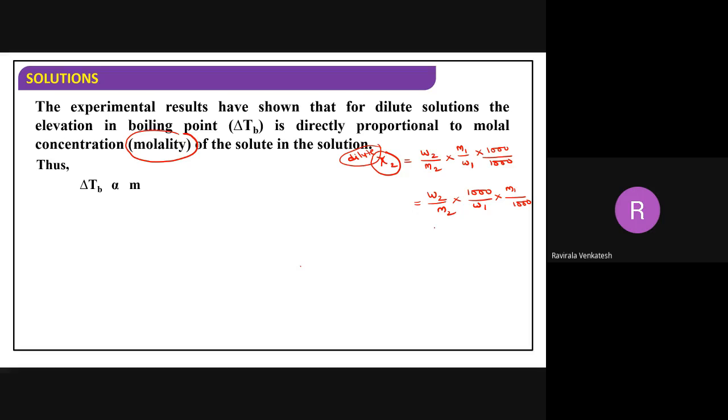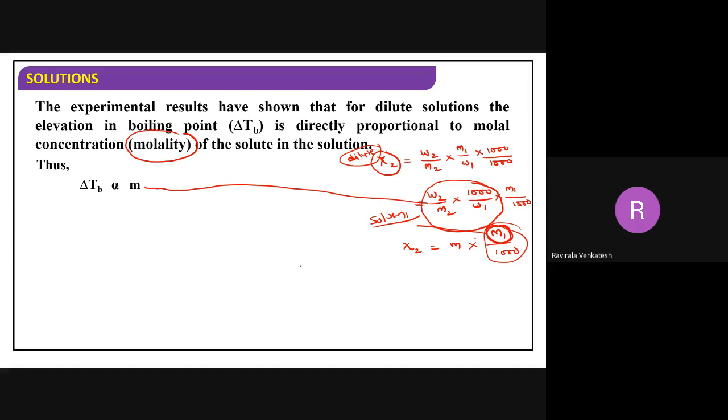Is anything wrong in this case? No, sir. Which formula is this? Molality. Molality formula. So in the place of this, I can write the mole fraction of the solute X2 is equal to molality into M1 by 1000. Now what is M1, beta? Molecular weight of solvent, divided by 1000.